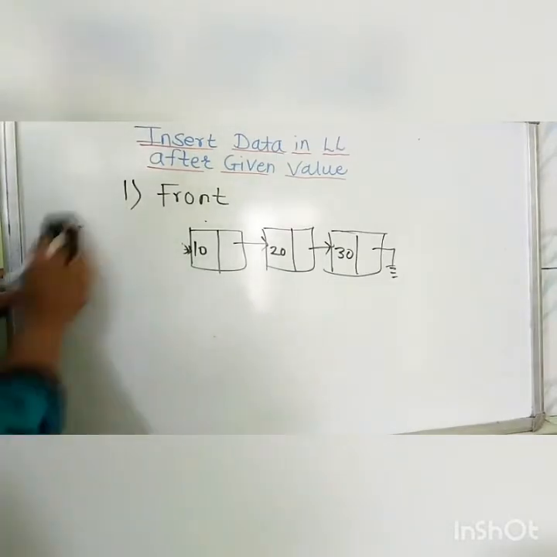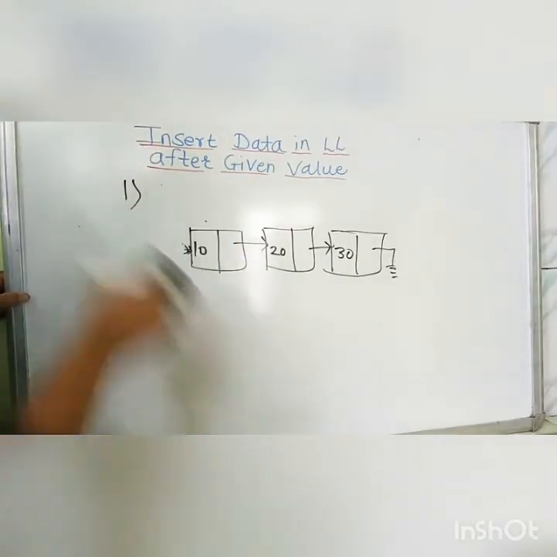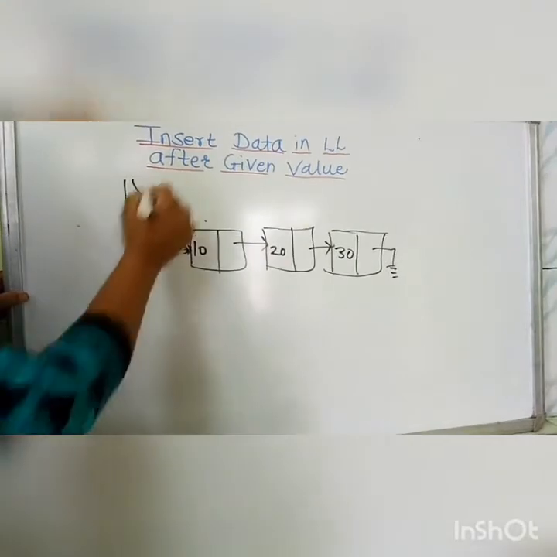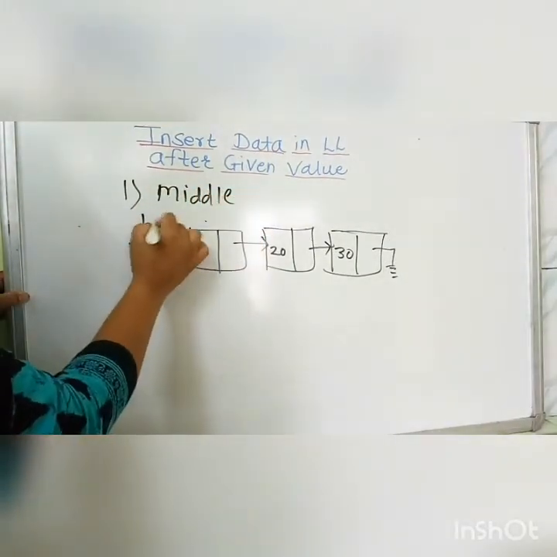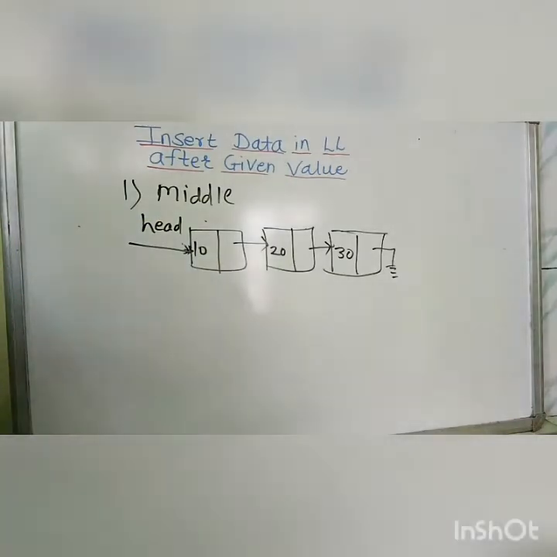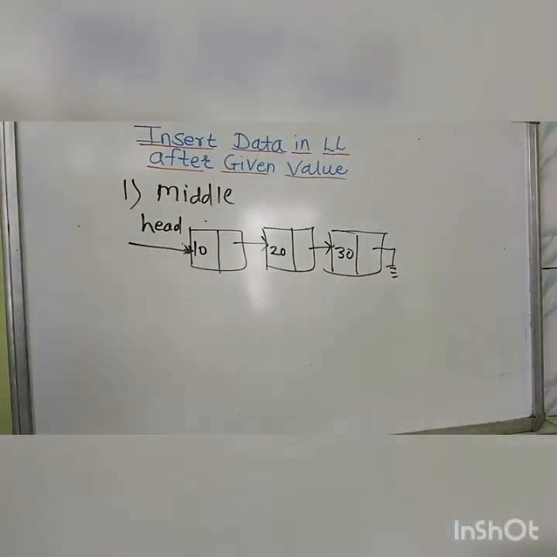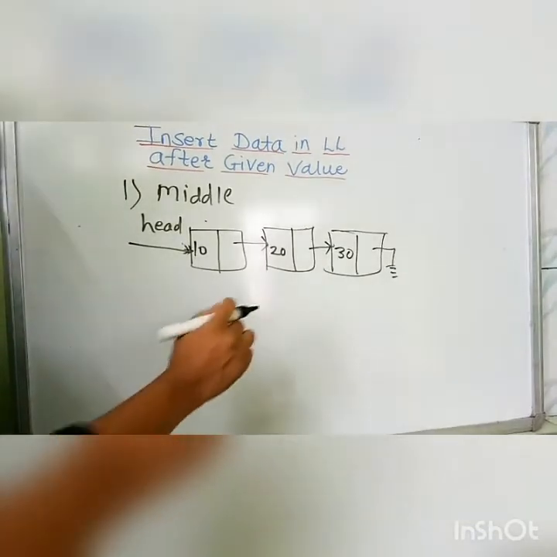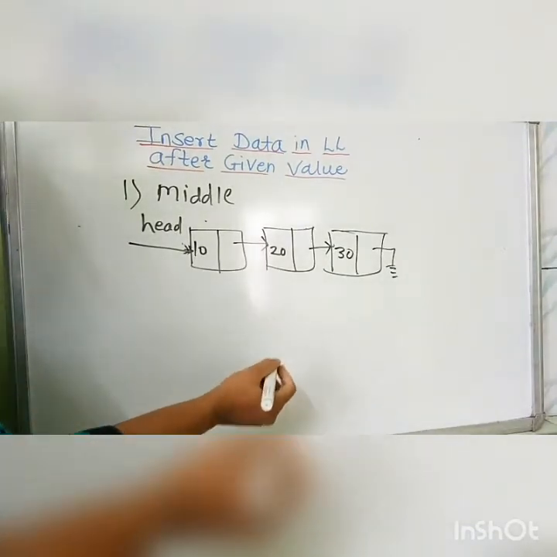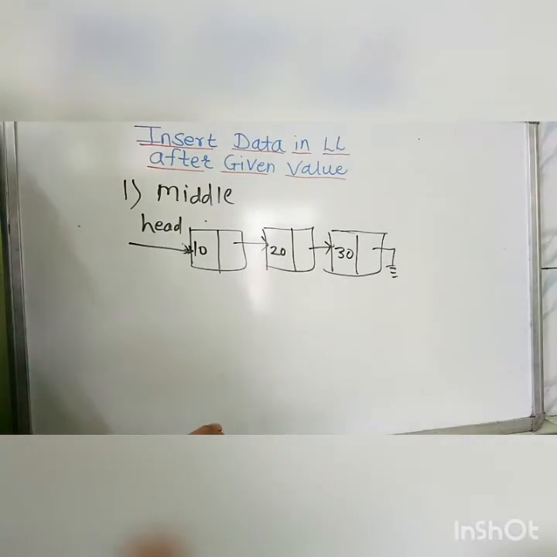Suppose the next case is that we have to insert the element at the middle of a linked list. Then how can we complete this task? Suppose we have to insert at the middle, meaning the user has provided us the location where we have to insert the new node.